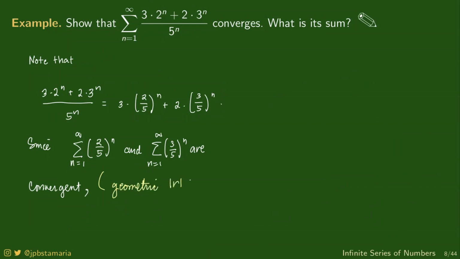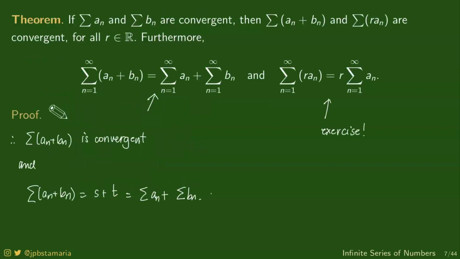Geometric ang ratios ay less than 1 ang absolute value. Kagaya dito, ang R dito ay 2/5. Ang R dito ay 3/5. Parehas ang absolute value niyan, less than 1. So, nagko-converge. Dahil sila ay convergent, dahil geometric, so yung linear combination nila na yan, convergent by the previous theorem. Di ba?